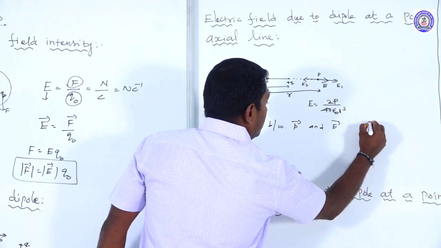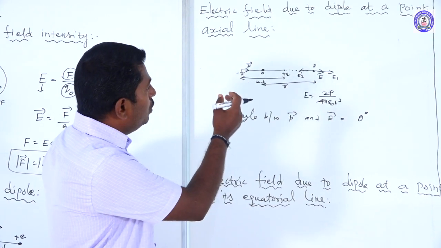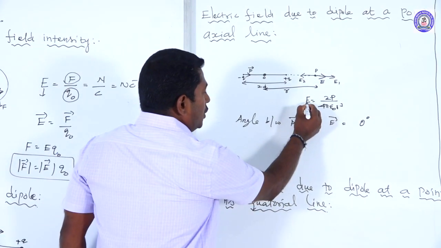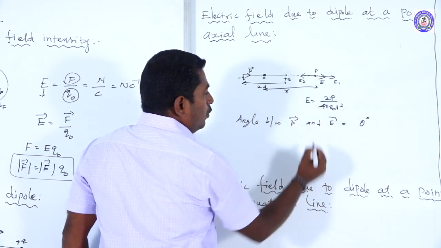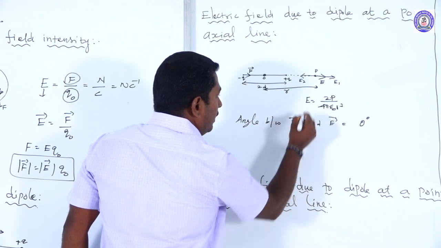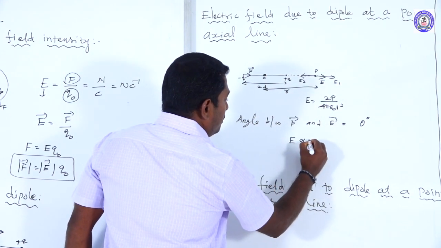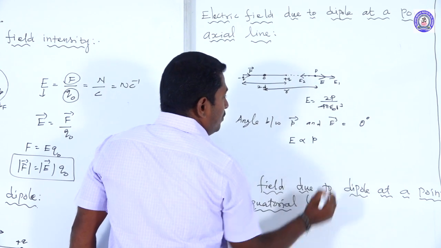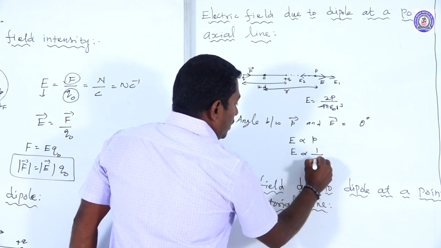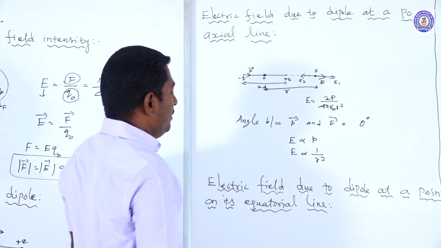The resultant electric field at a point on its axial line is directly proportional to the electric dipole moment P and inversely proportional to the cube of the distance of the point from the midpoint of the electric dipole.